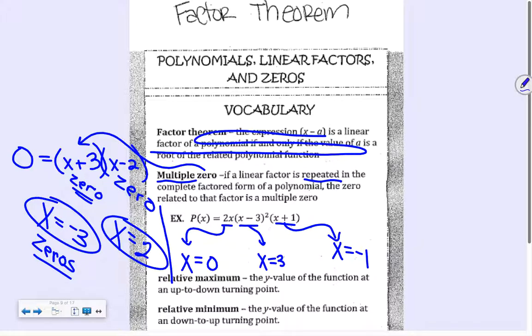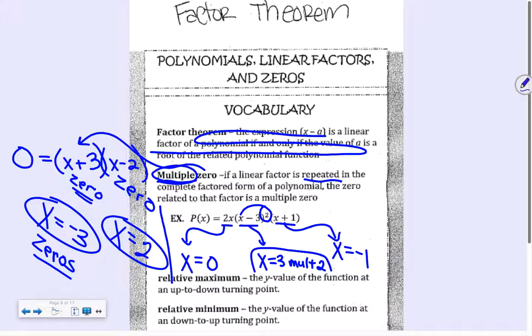So you guys are pretty good at getting your zeros. Now, what's the multiple 0? It's how many times you really see this factor. Well, the only one that is more than once is right here. X minus 3 squared means what? X minus 3 times x minus 3. It happened twice. So this one right here has a multiplicity, that's what they call it, of 2.